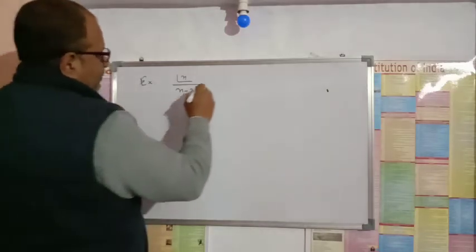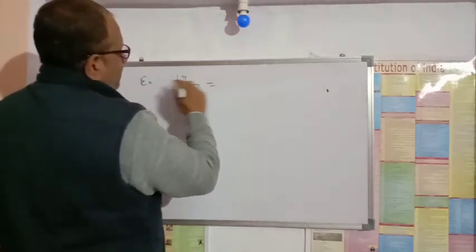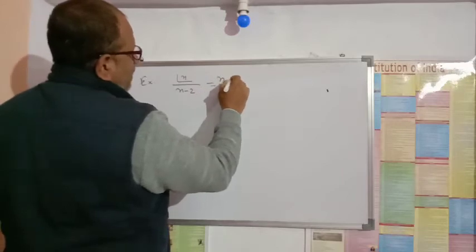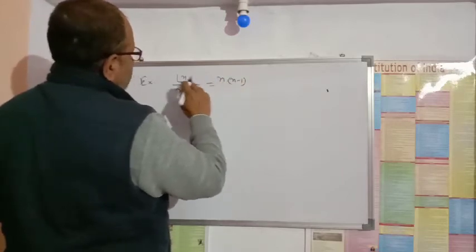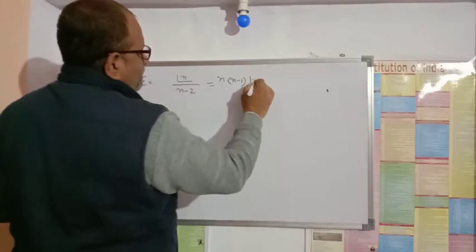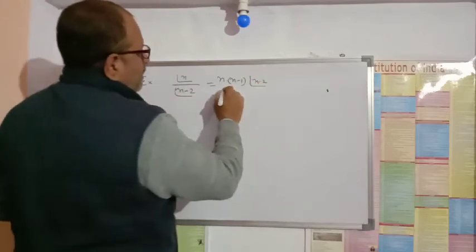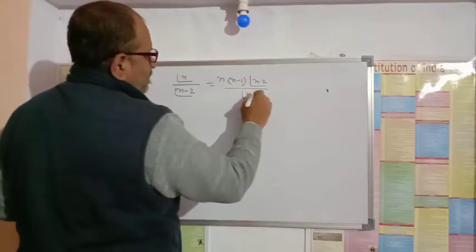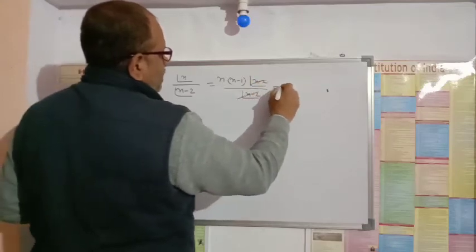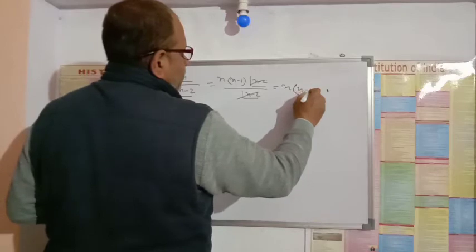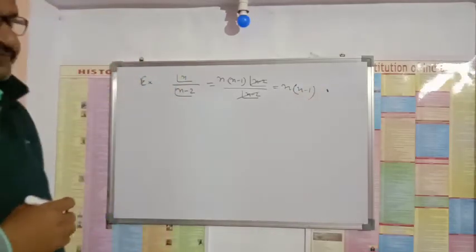How we can simplify it? If we take n outside and n minus 1 outside from this factorial, we will get here n minus 2. This is also n minus 2. So divide by n minus 2. This part cancels. Answer will be n into n minus 1.